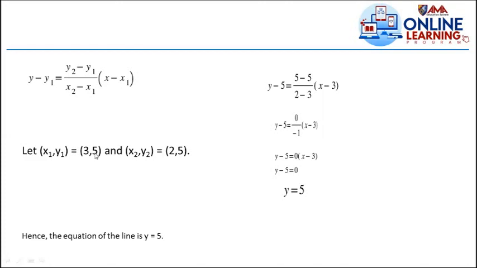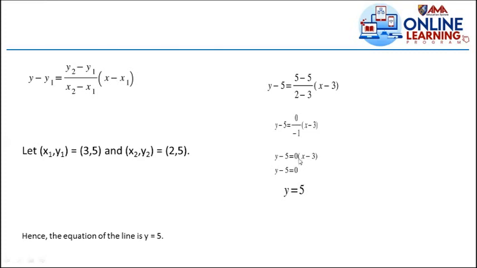Y minus y1, then y2 is 5 minus 5, that is your y1. x2 is 2 minus 3, that is your x1. Multiply by x minus 3; 3 is the x1. So simplify it further. 5 minus 5 is 0, divided by negative 1. Then quantity x minus 3.